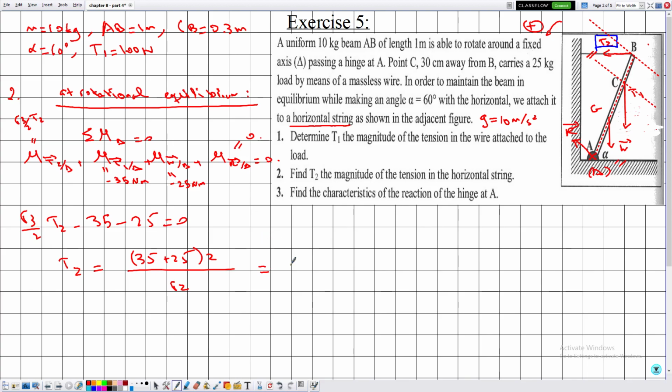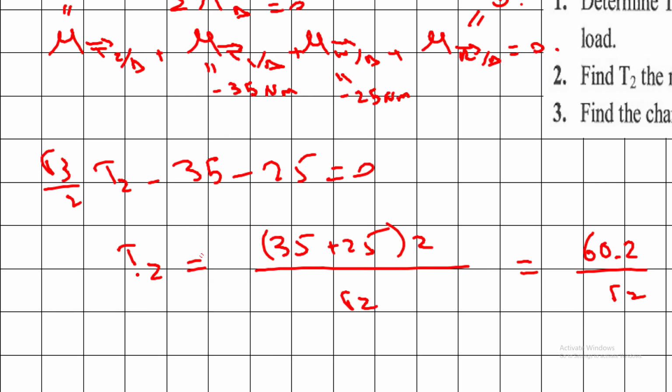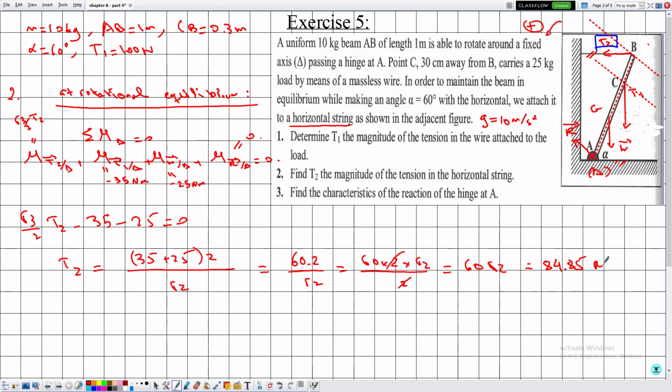So 35 plus 25 is 60, times 2 over radical 3, which is equal to 84.85. Now everything is expressed in SI, and T2 represents a force, so this is in Newton. So T2 is equal to 84.85 newtons.